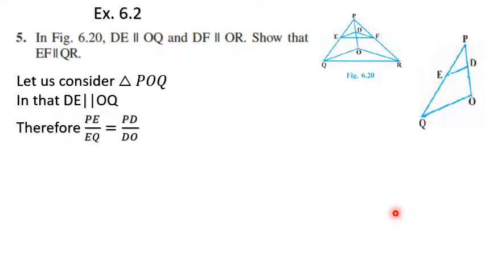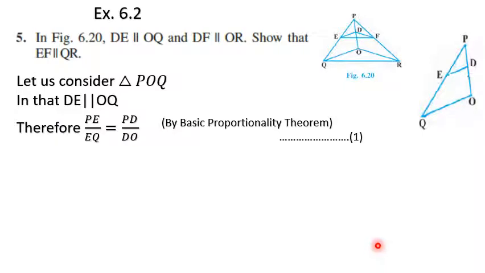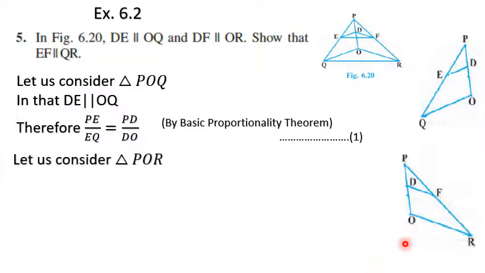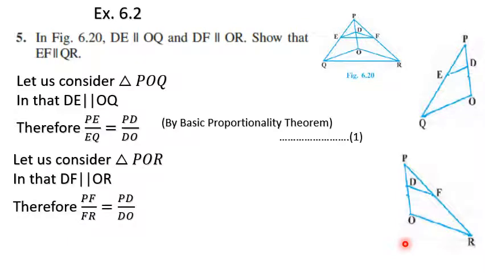So we can say PE by EQ equal to PD by DO by the basic proportionality theorem, and it is equation 1. Now let us take the triangle POR. In that, DF parallel OR. So we can say PF by FR is equal to PD by DO. That is equation 2.